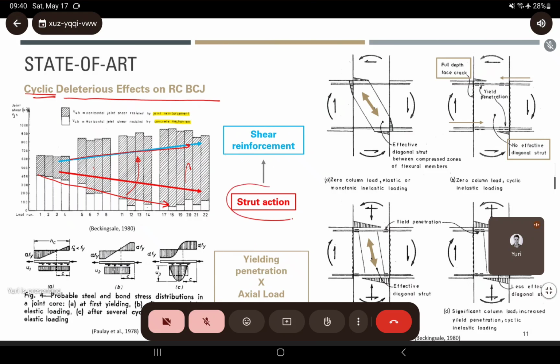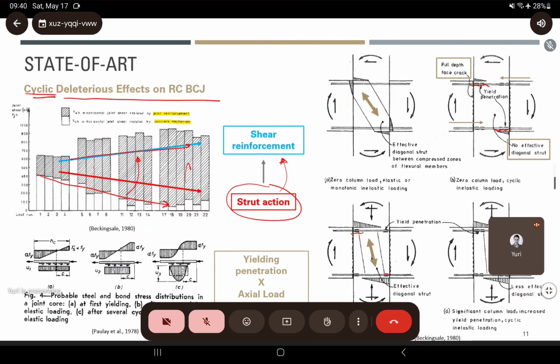So the strut action, whenever it is under cyclic loading, shifts its strength to the shear reinforcement. Okay, this is related to the boundary conditions and how much crack penetrates into the joint or not.